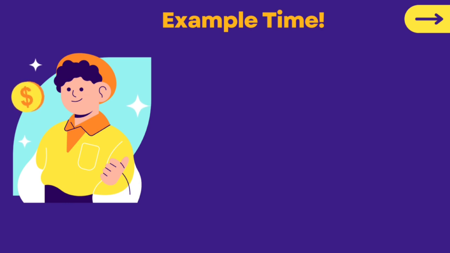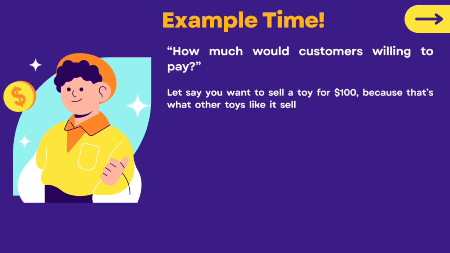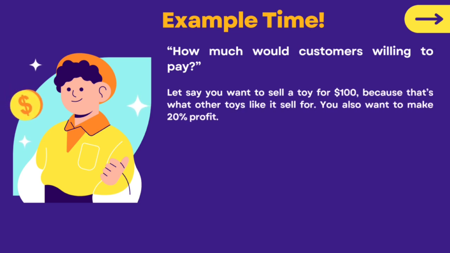So now we move on to the example time. Let's say how much would customers be willing to pay for the product. Let's say you want to sell a toy for $100 because that's what other toys like it sell for. You also want to make a 20% profit. So your target selling price is $100, and from that $100 you are targeting a profit of 20% from the selling price.